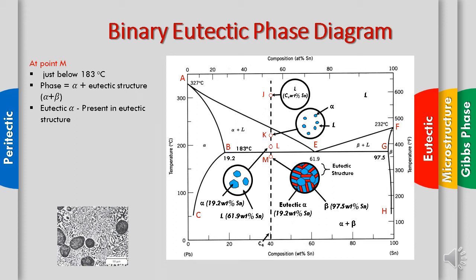So the eutectic alpha present in the eutectic structure is 19.2.